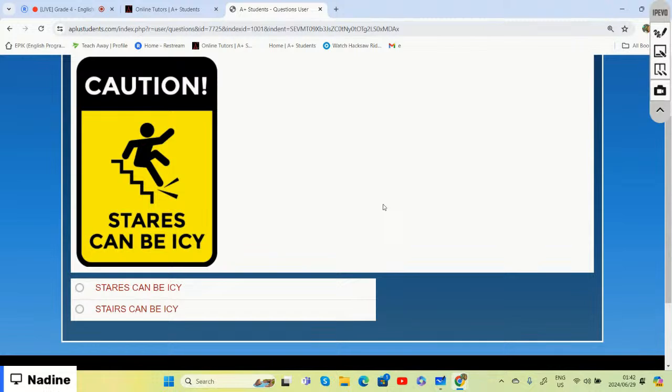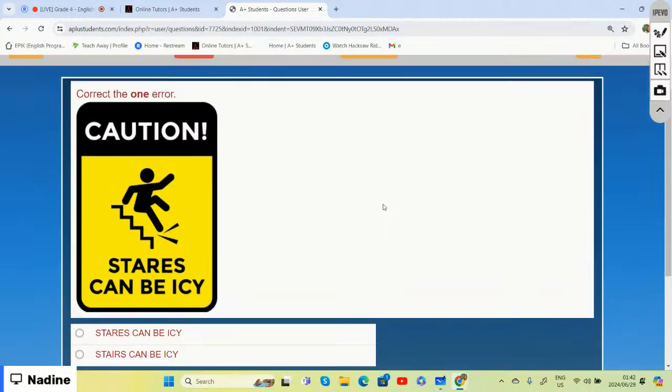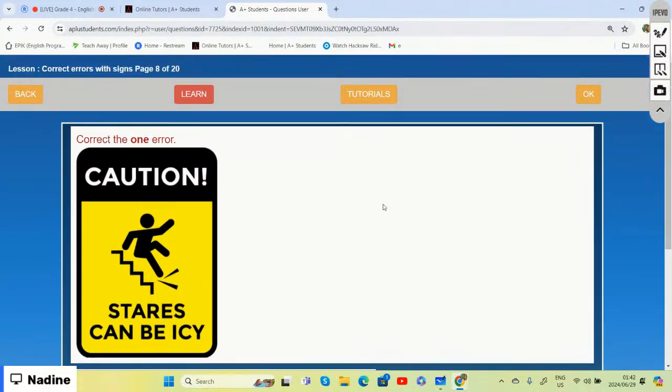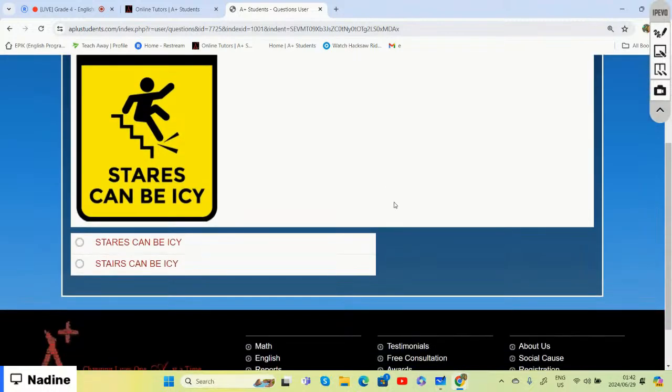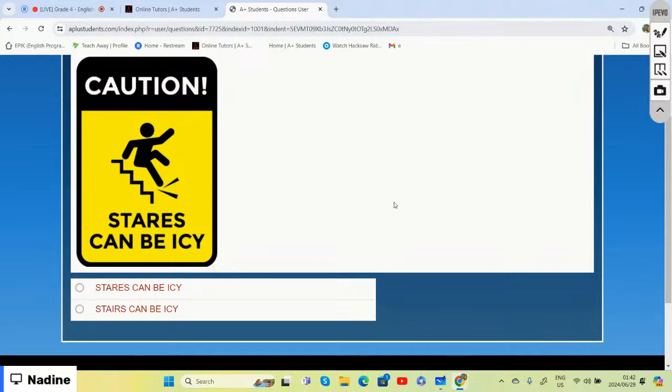All right, so if we were to choose our correct option by correcting the errors with signs, then we would say that the word stairs is incorrect on that specific sign.